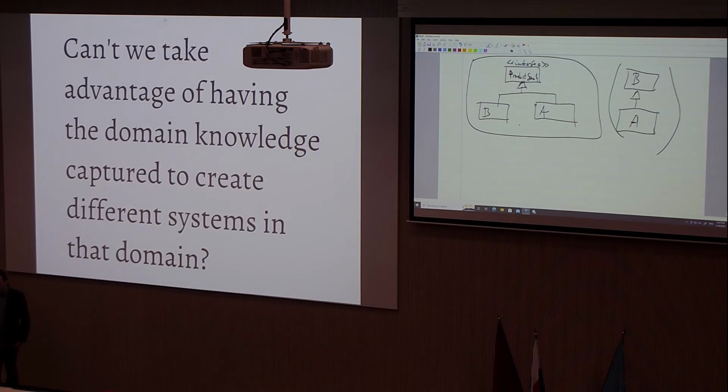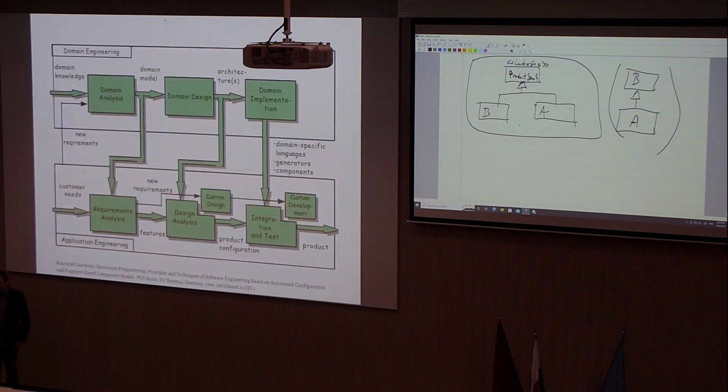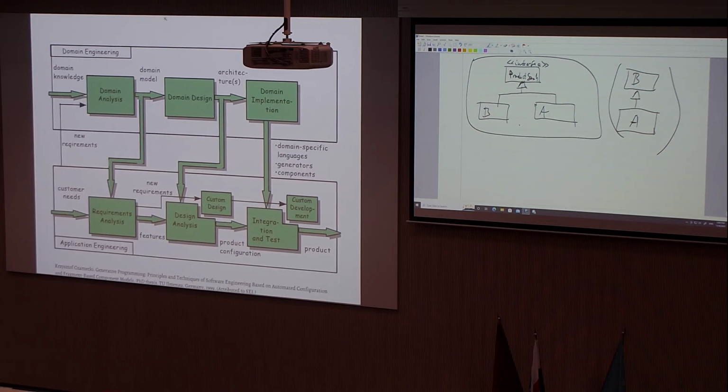So the process roughly looks like this. So if we move, but it's big enough, I think. I don't have to make it bigger. In the upper part is what I was talking about.